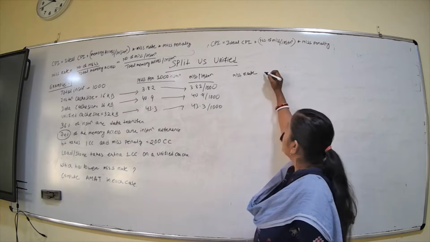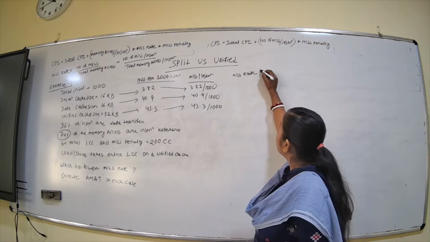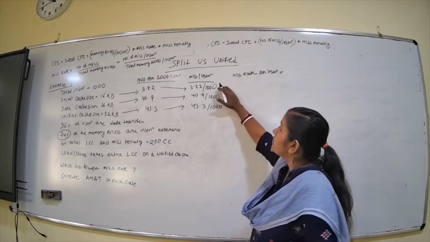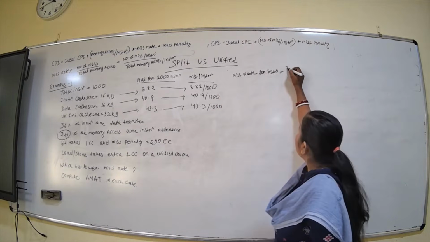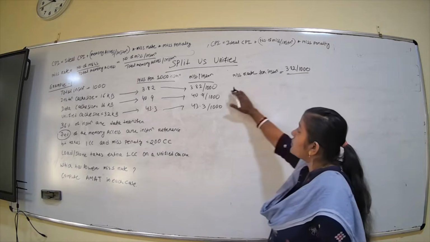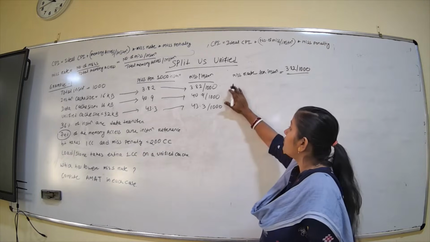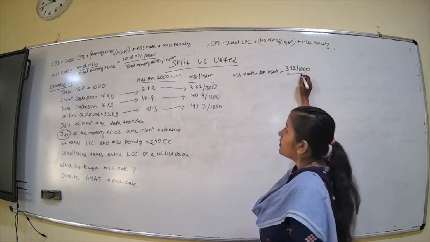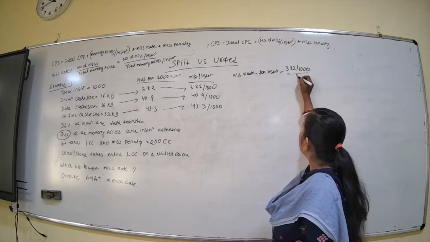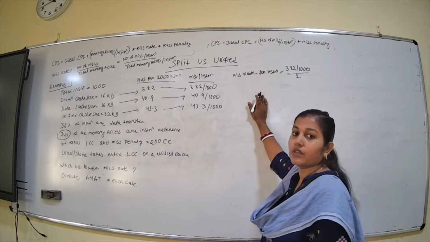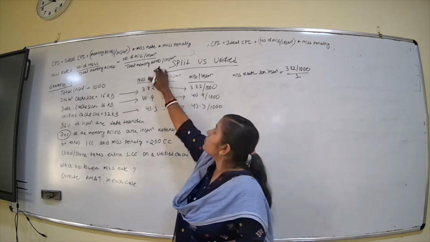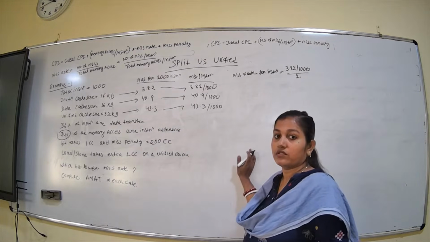Now for the miss rate for the instruction cache, misses per instruction is 3.82 by 1000 divided by the total memory accesses. Total memory access for instruction is 1. Getting it? This is the total memory access for instruction.